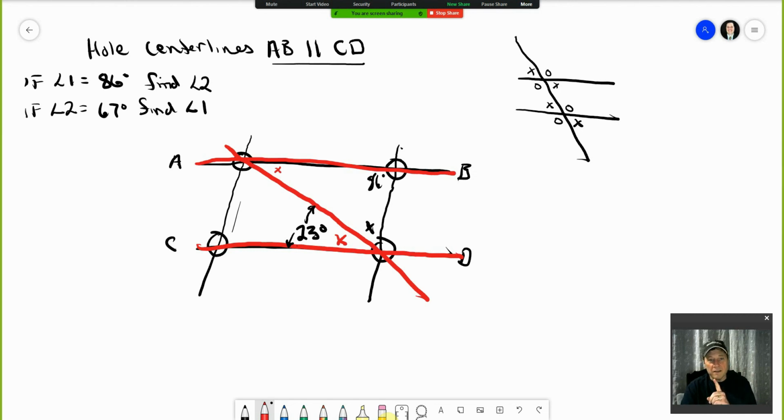Remember, this line and this line, this line and this line are not parallel. So the only angles we can use are angles that follow the rules. AB and CD are parallel. So this transversal intersects this parallel line and creates this angle here. This transversal, if you follow it the other way, intersects this parallel line and intersects here. So this angle and this angle have to be the same.